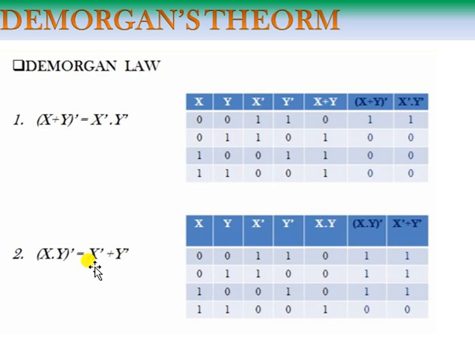Again, x bar is the opposite of x: 1 1 0 0, and y bar is the opposite of y: 1 0 1 0. So the addition x bar plus y bar is 1 1 1 0. So we can see through the truth table that (x dot y) whole bar is equal to x bar plus y bar.